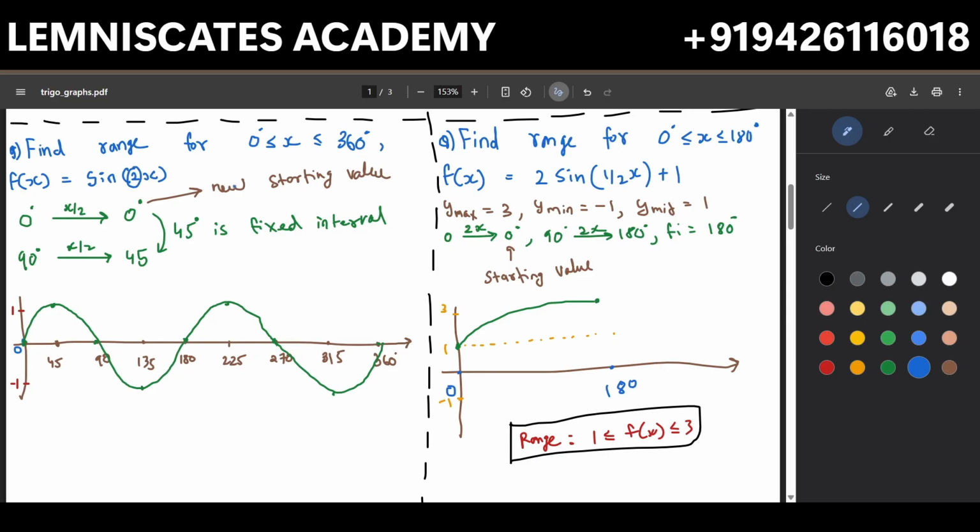So this number over here is actually how many cycles will be fitting in 0 to 360 degrees. So there are two cycles. Because you are going beyond one cycle, even without drawing the graph, you could have said that the range over here will be -1 ≤ f(x) ≤ 1.